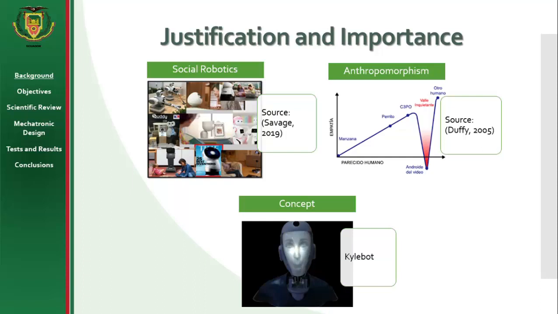For this reason, social robots have become a very broad field of study, given the growing need for robots that can be introduced in uncontrolled environments and that help with daily tasks such as education, entertainment, social assistance, and company.